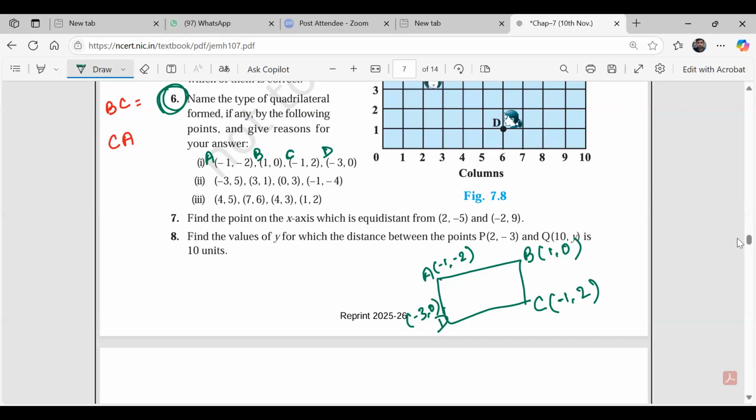Now we have to check which type of quadrilateral we have here. A quadrilateral is a four-sided polygon. Any shape which has just four sides is called a quadrilateral. With the help of the lengths AB, BC, CD, DA, you have to check whether it is a parallelogram, a square, or a rhombus.